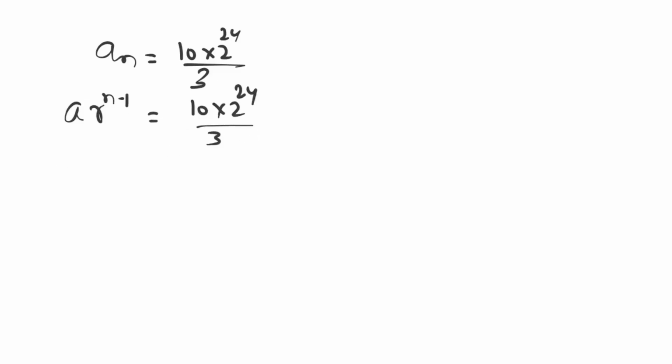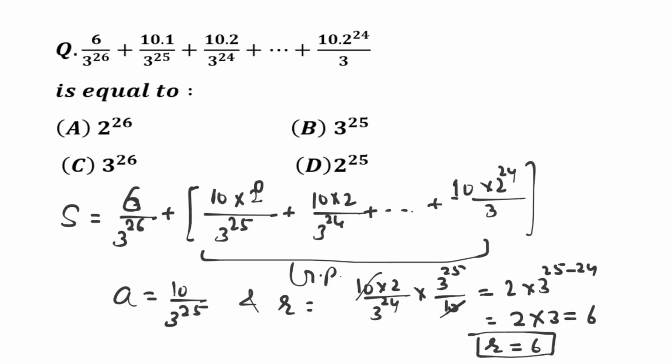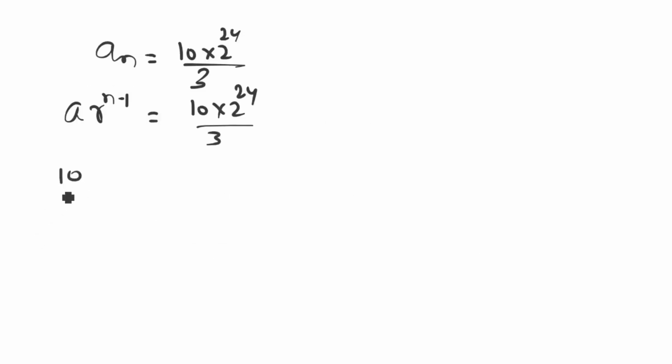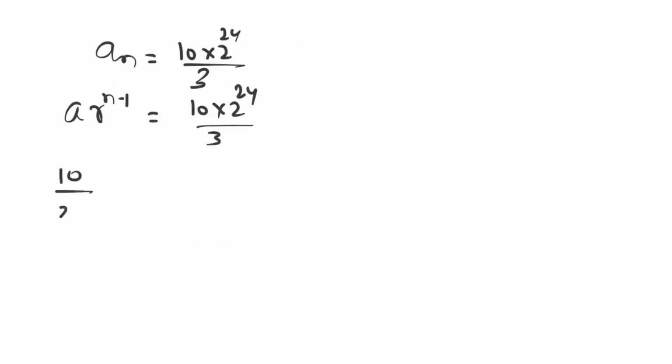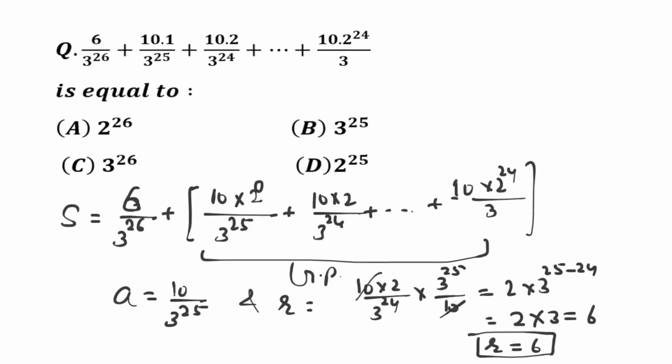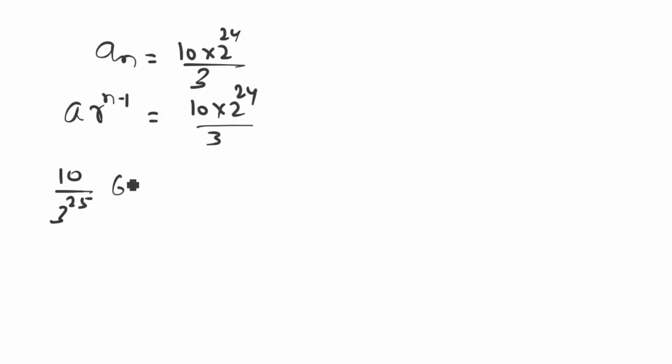And the formula for a n in a GP is a r to the power n minus 1. So 10 into 2 to the power 24 divided by 3 equals the first term, 10 by 3 to the power 25, into r, which is 6, to the power n minus 1. From here we can cancel 10 with 10.